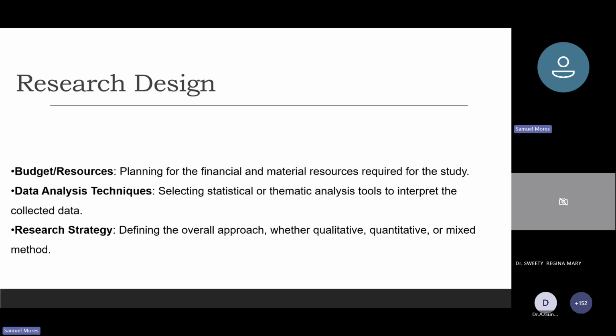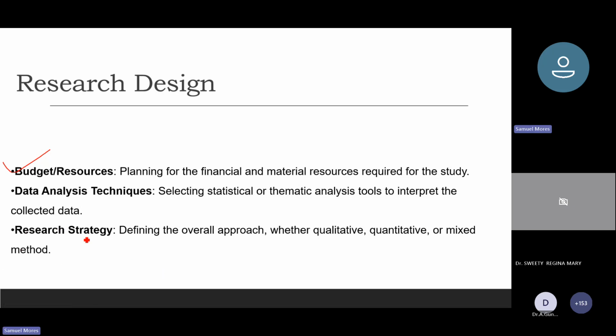These are not mandatory components, but budget and resources, like how much you have spent on that research, how much time was used for data collection, what budget was allocated, and what resources were used to conduct the study, you can explain in the research design.